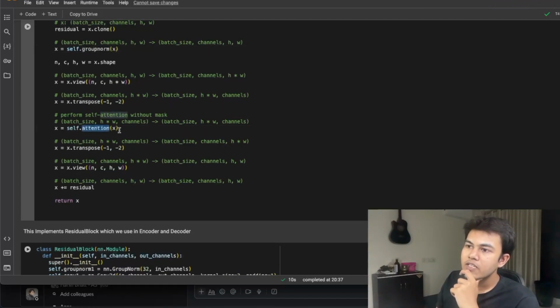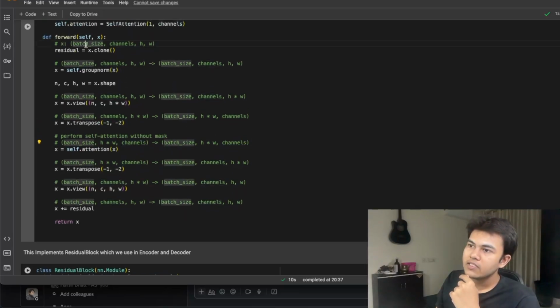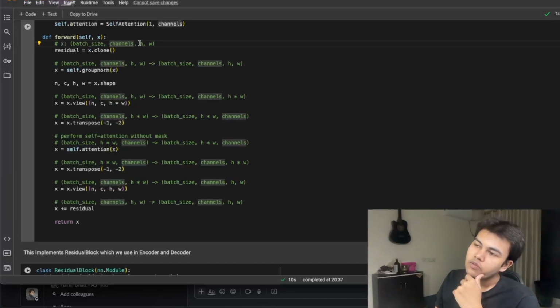As I described, we need batch size, then the sequence length and the channel. In the input we have batch size, channels, and h and w, height and width. So we are just getting the features h multiplied by w.